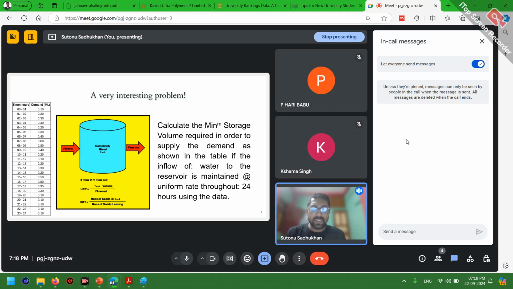So will you try this problem? Can you respond? Will you try, or should I proceed with the solution? Because it will require, let's say, 10 or 20 minutes for you to solve the problem. So should I wait for that, or should I proceed with the solution? Or are you not understanding how to calculate the volume in order to absorb the fluctuation?